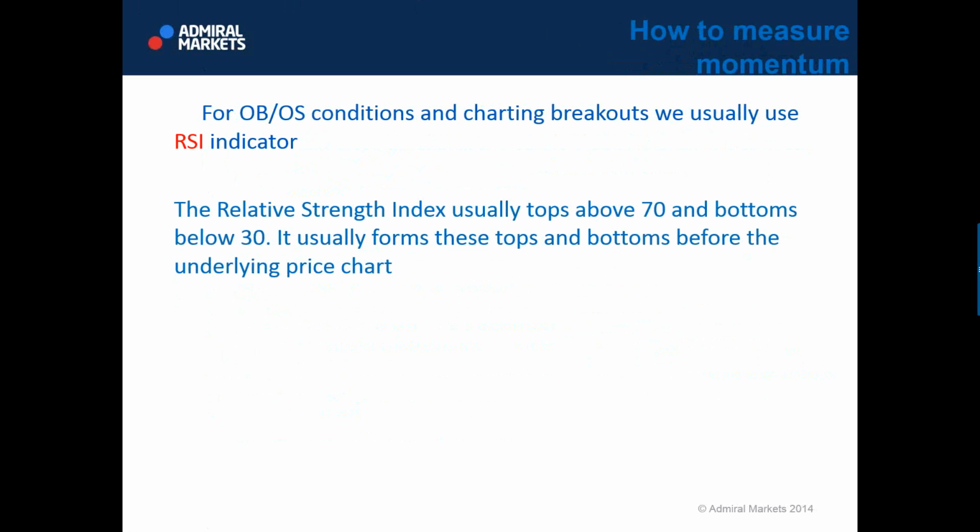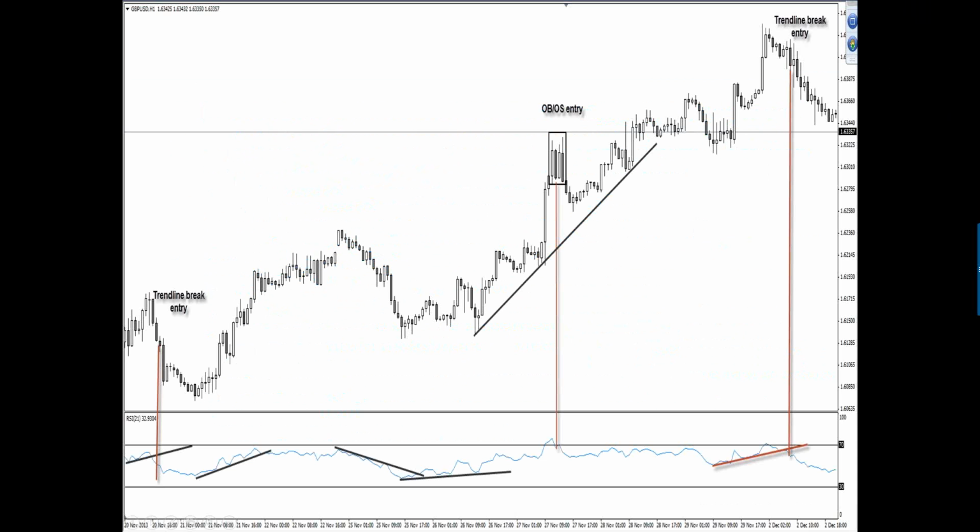It usually forms these tops and bottoms before the underlying price chart. So usually RSI will plot these levels, and after it hits 70 or above, or 30 or below, the price will react. This is how it usually goes.